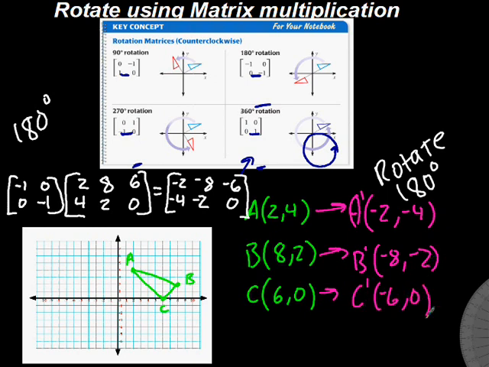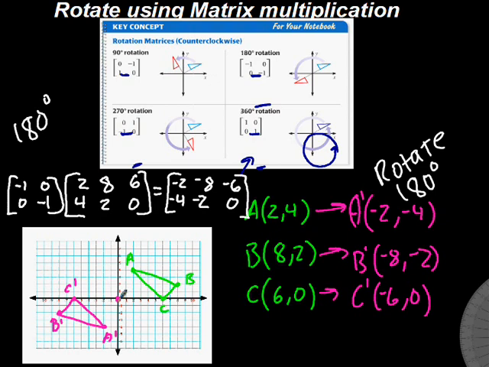Now I'm going to graph all these points. I've got (negative 2, negative 4) right there. That's A prime. I've got (negative 8, negative 2). That's B prime. And (negative 6, 0). So this was A prime, B prime, and C prime. You can see that everything is rotated around the origin 180 degrees.